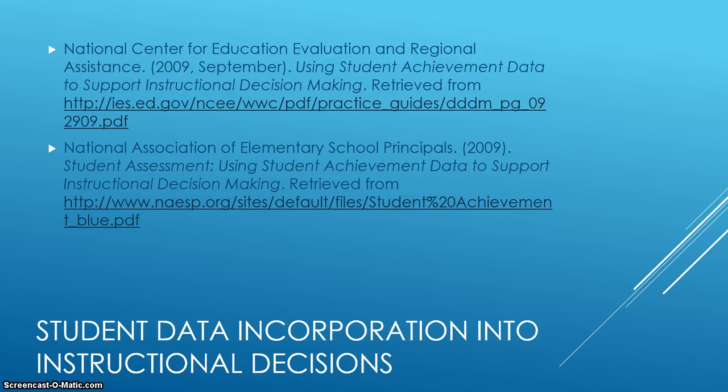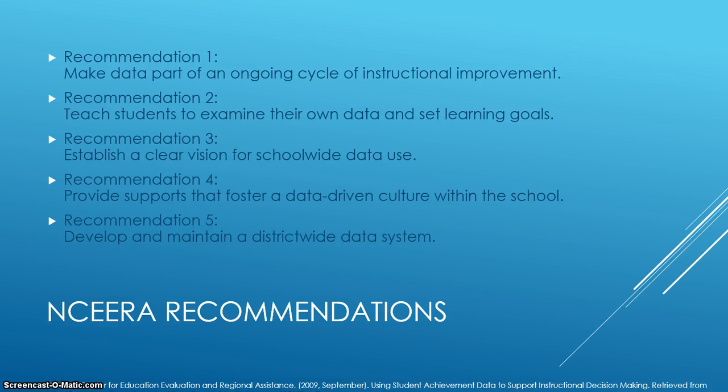Okay, you have this data, now what is the reason behind it? How can you use it in ethical, meaningful ways towards supporting the learner's instruction? Thinking about these recommendations, the National Center for Educational Evaluation and Regional Assistance did offer 5 separate recommendations within their report.